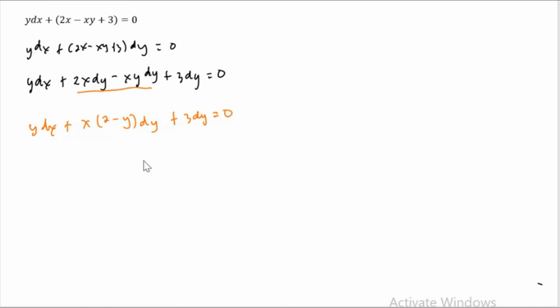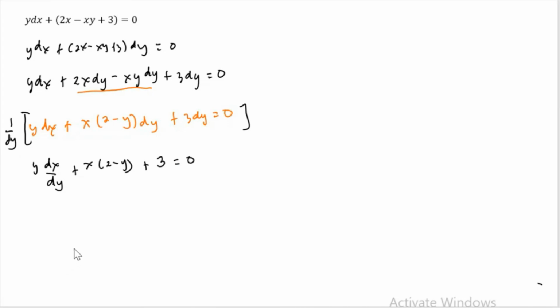So next I'm going to divide by dy so that this 3 becomes a constant. So therefore, I will multiply the entire equation by 1 over dy. So using the distributive property, we can write now y of dx over dy plus, so the dy here will be cancelled, we have now x times 2 minus y plus, so we can also cancel the dy, therefore we have only 3 is equal to 0.